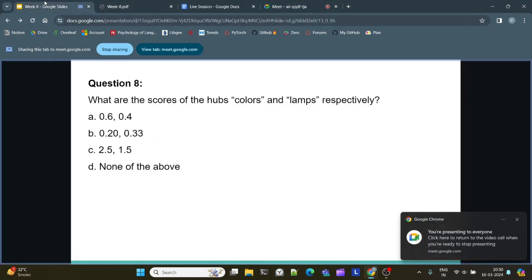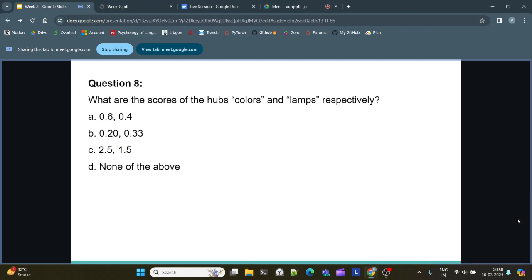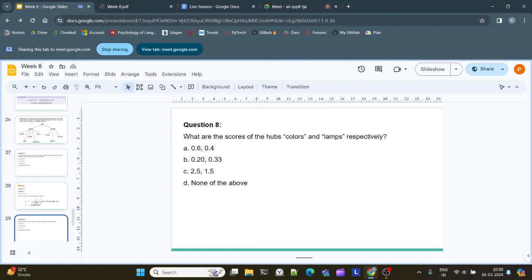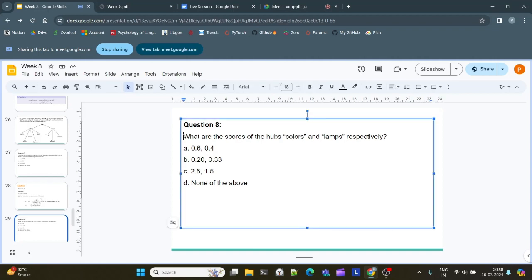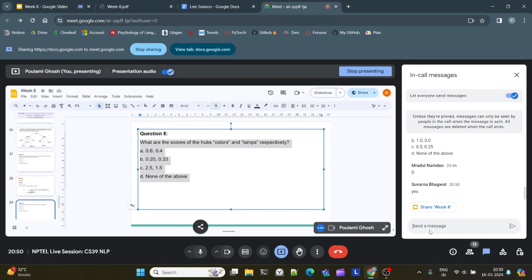Let's go on to the next problem. We have to compute what are the scores for the hubs themselves this time. There are two hubs, colors and lamps. For that, we need to compute the scores. Let's take 1 minute so that you all can try, and then we'll discuss.